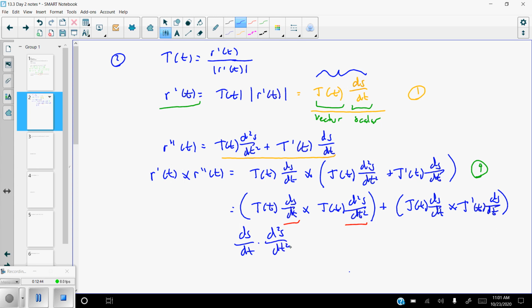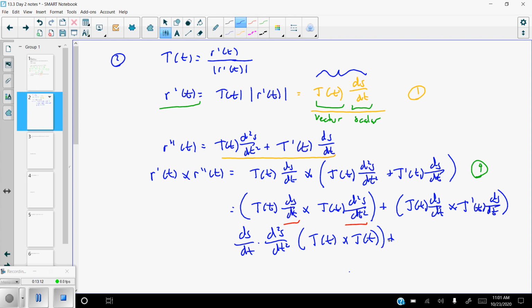Technically there are 4 things being multiplied together: T of t, ds dt, T of t, and d squared s dt. Since they're all being multiplied together, I can multiply in any order. The only difference is I still have to write this one as a cross product because it's not the same as scalar multiplication. The other 2 pieces are scalars. They can be pulled out to the front and multiplied first.